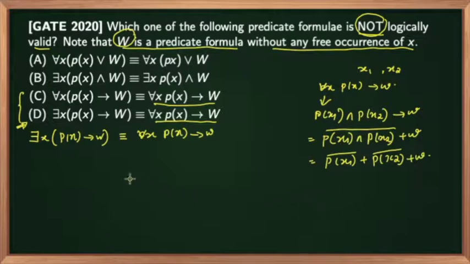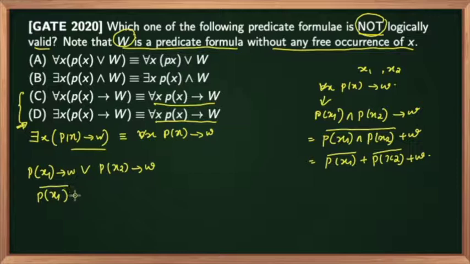Okay, anyway, now let's see what is there exists x, P of x implies W, right? So that should be equal to P of x1 implies W, or P of x2 implies W, right? So this will be equal to P of x1 bar plus W, or P of x2 bar plus W, right?